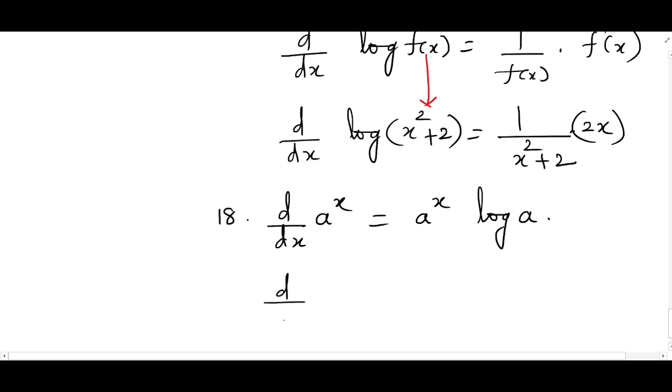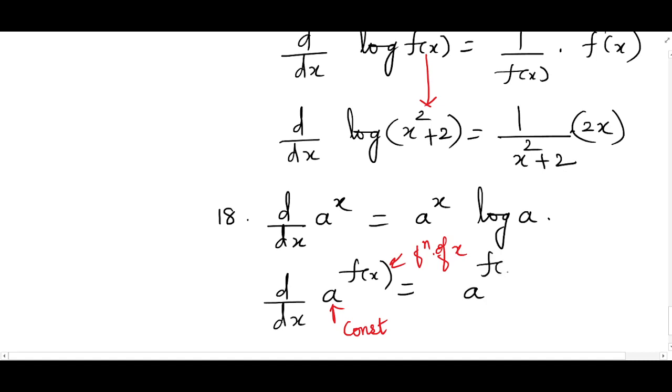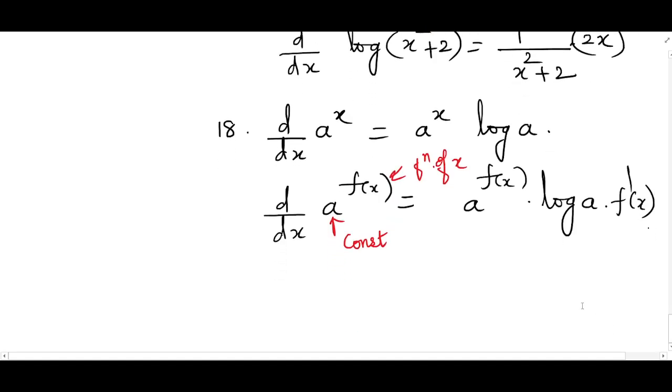So if I take a to the power f of x, what you have to remember in this formula is that the base is constant and the power is a function of x. So the formula becomes a to the power f of x and log of the base, that is a, into f dash of x.